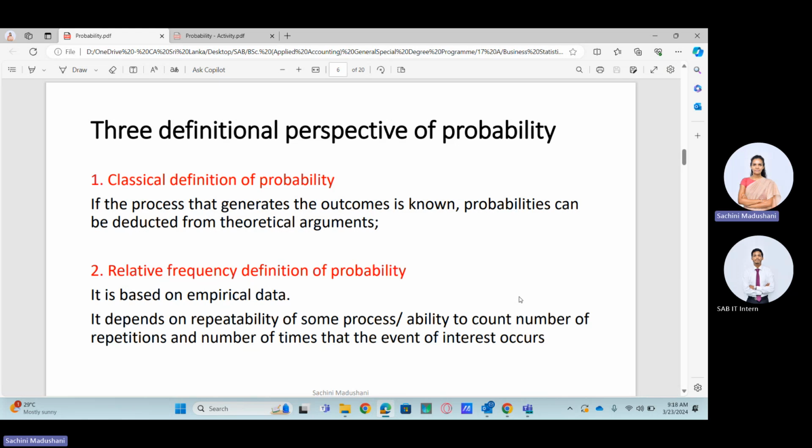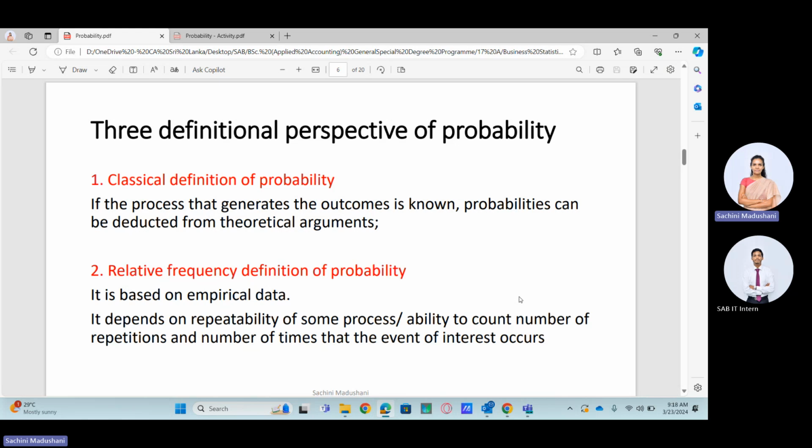The next one is the relative frequency approach. That is the opposite of the classical one. In the relative frequency approach, we must conduct the experiment. That's compulsory. Based on the experiment, we express the probability. Using the relative frequency approach, we cannot express the probability based on theoretical arguments.